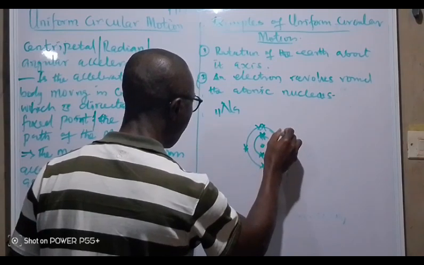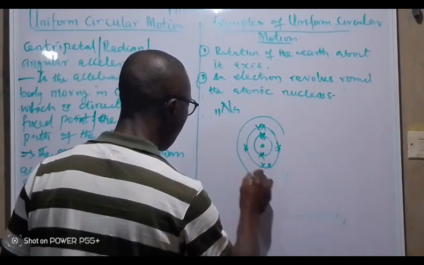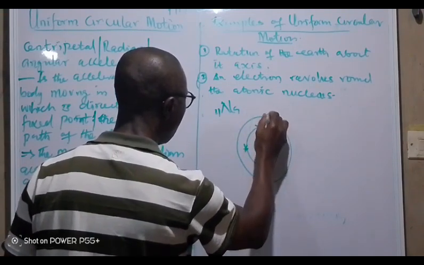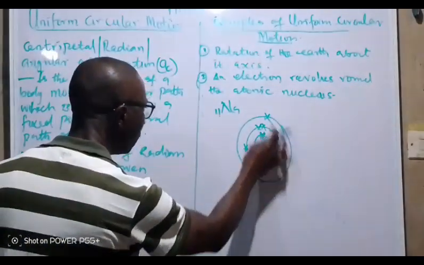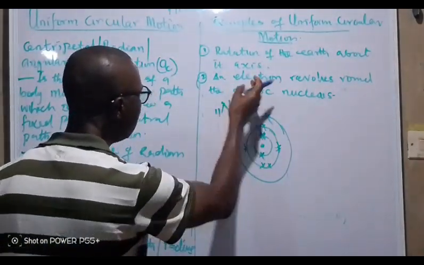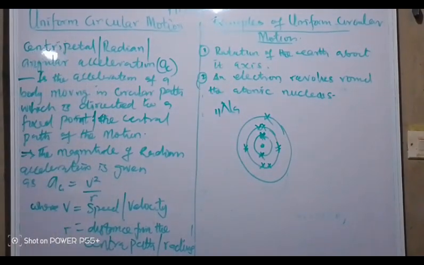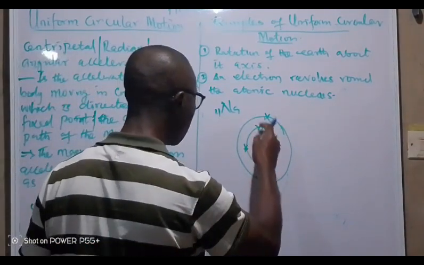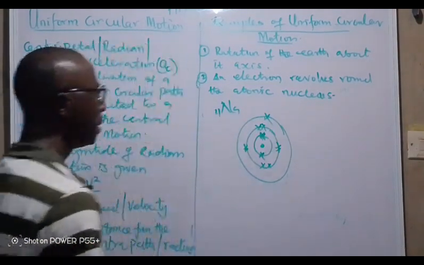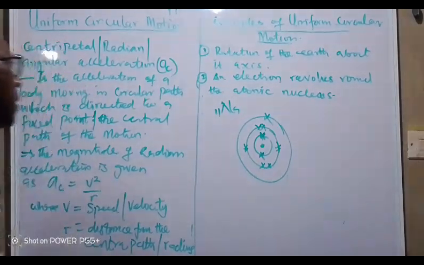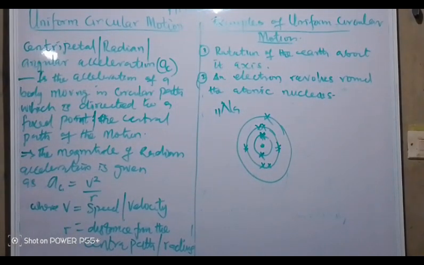And the last shell, which is M shell for sodium, will just take 1 electron. So the revolving of an electron around the nucleus is a typical example of uniform circular motion. When a shell is completely full, the electron will jump to the next one, depending on the atomic number of that element.